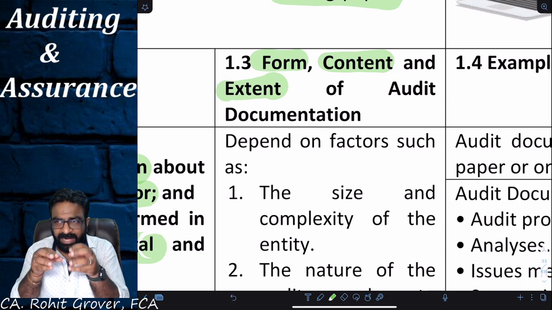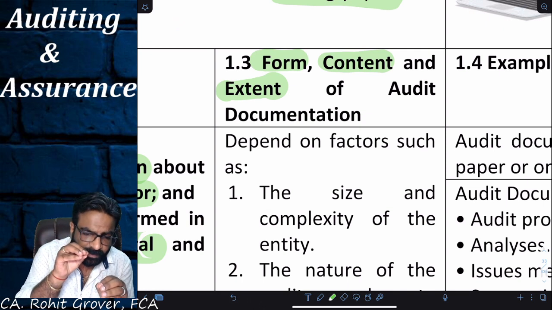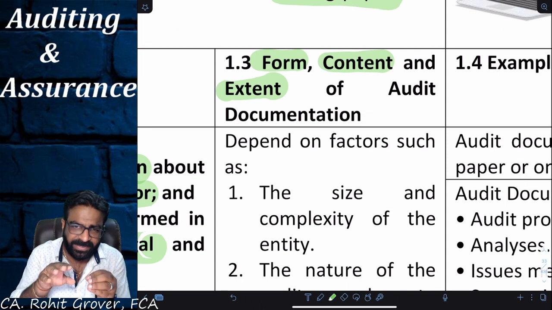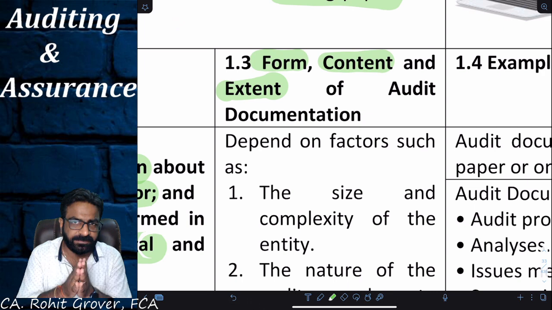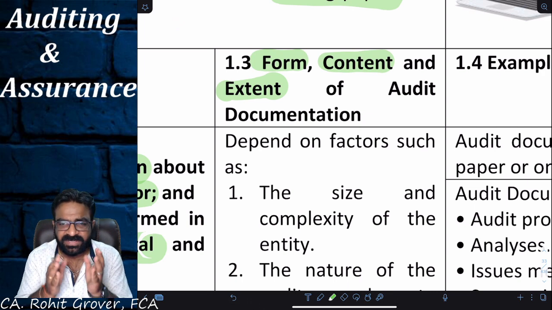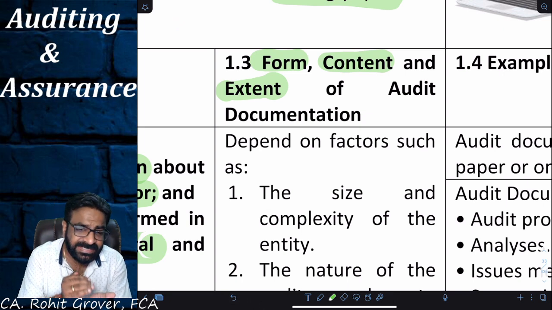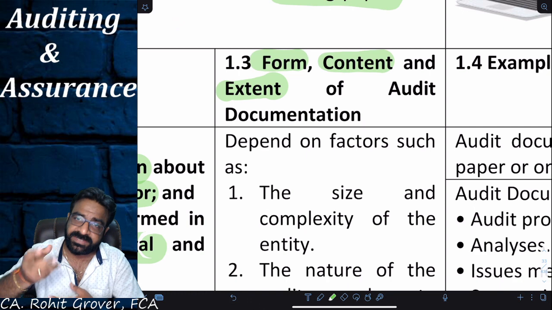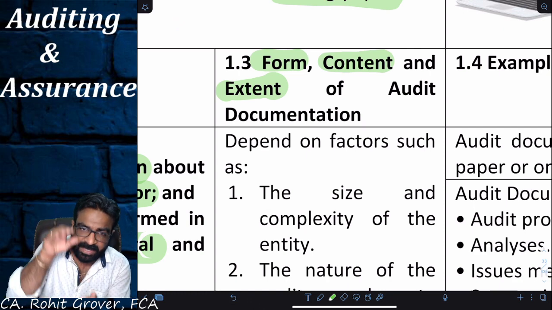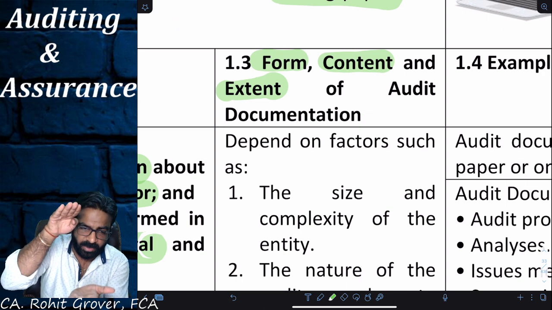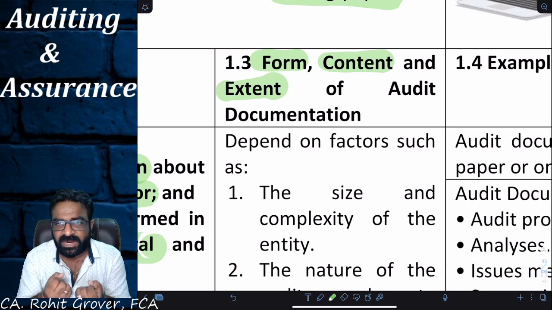Sir, in my audit documentation, whatever evidences, whatever papers and documents I'm including in my file of audit documentation, it is dependent upon which factors? Whether my audit documentation file is going to be bigger or smaller, all this depends upon which factors.